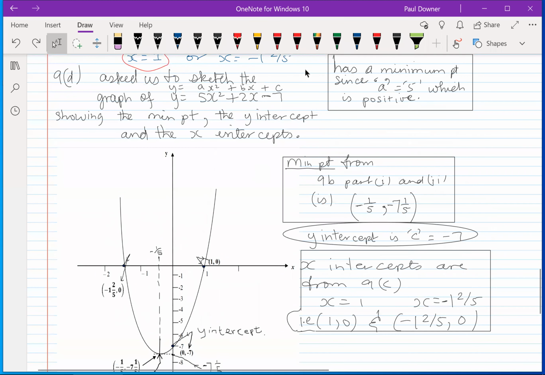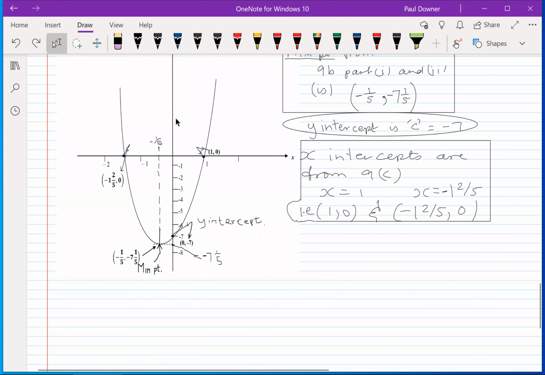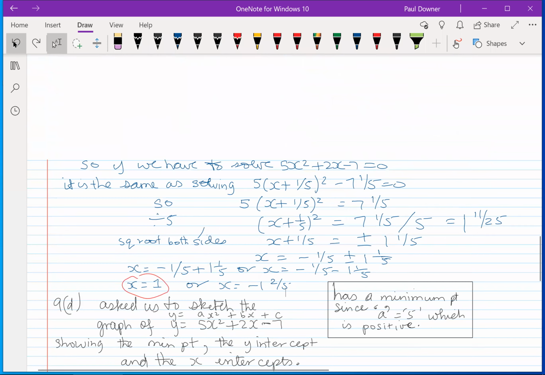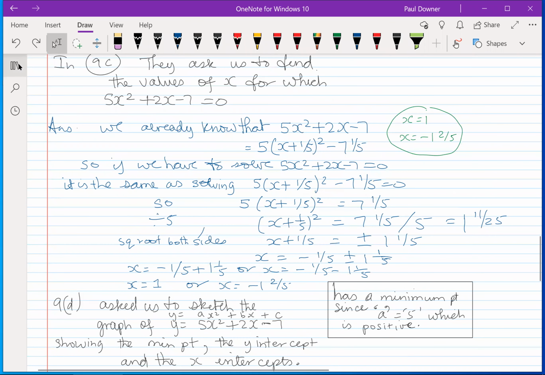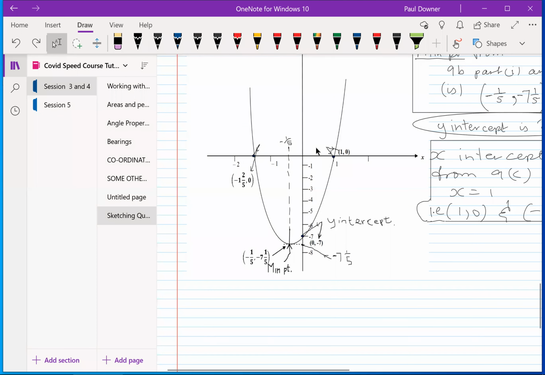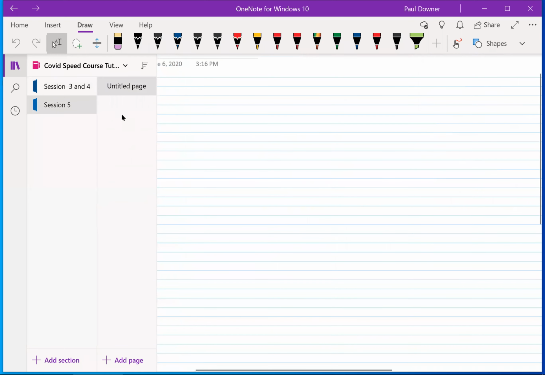So let's go on to the next part, which would carry us to session 5, because that would basically be the end of this session here, where we would have drawn out the sketch and answered all the different parts to it. Okay, so let's go on to session 5.